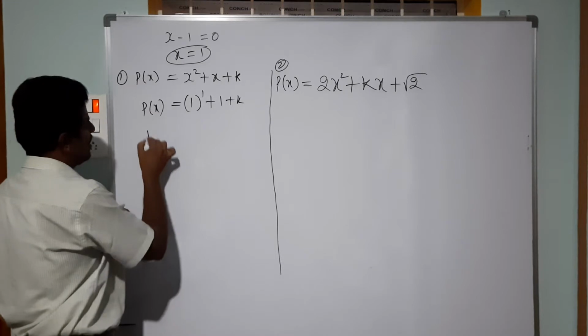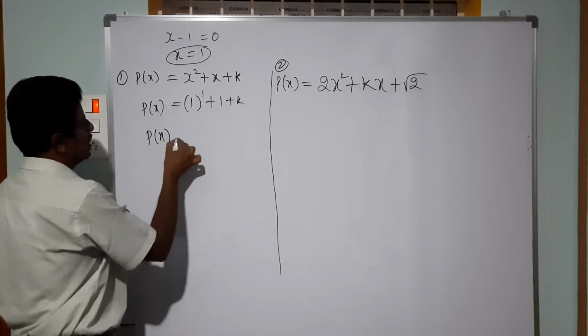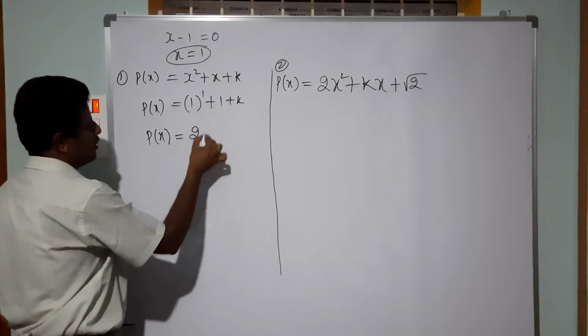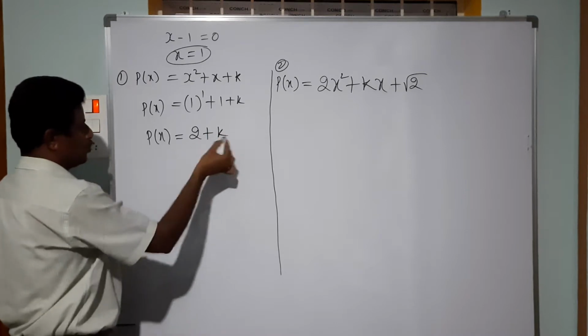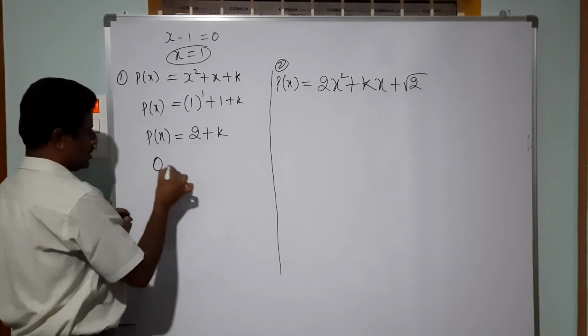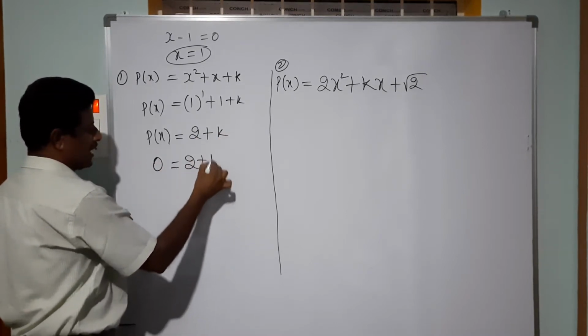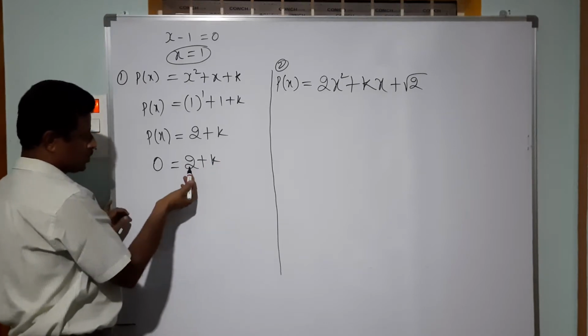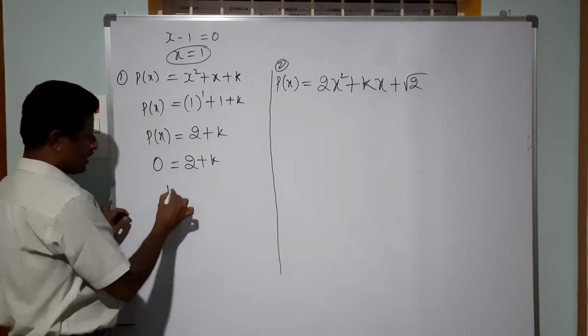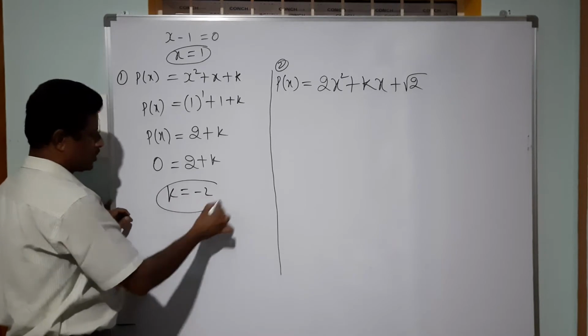So p of x is 1 plus 1, 2 plus k. Take p of x is equal to 0, so 2 plus k is 0. I want k, so plus 2 goes to the other side, therefore k is equal to minus 2.